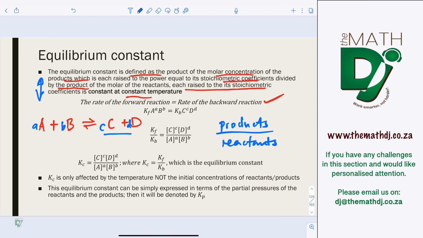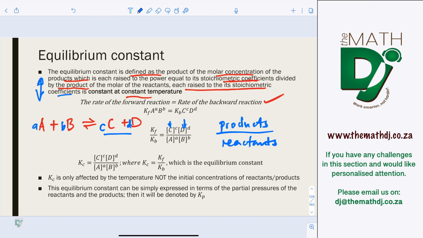Products over reactants. In this case, we are taking C and D, raised to the power of the stoichiometric coefficients.